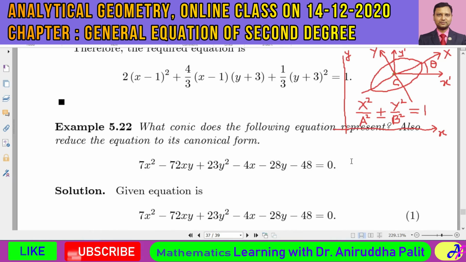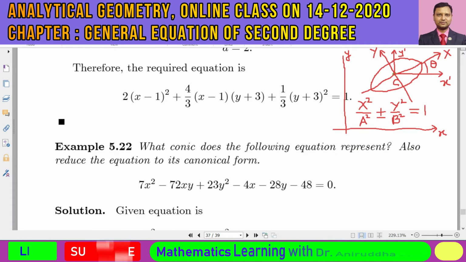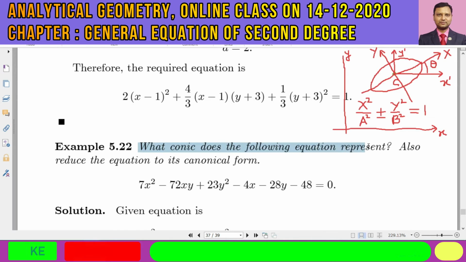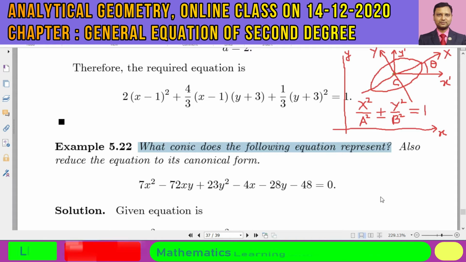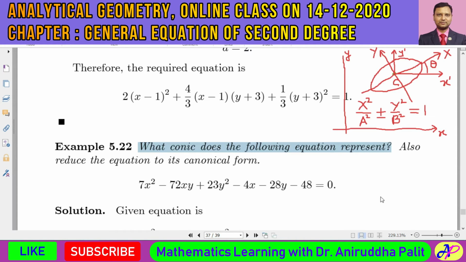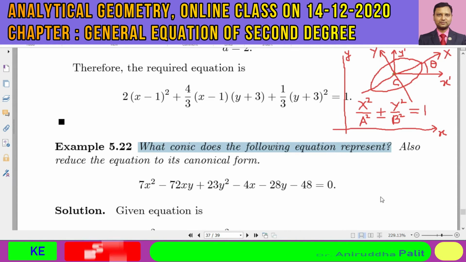So what is the question? The question says, what conic does the following equation represent? So in answer to this question, we need to find out the value of delta and the value of capital D. We need to find out these two values.